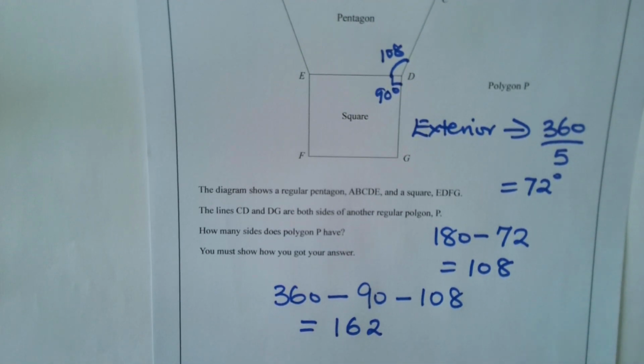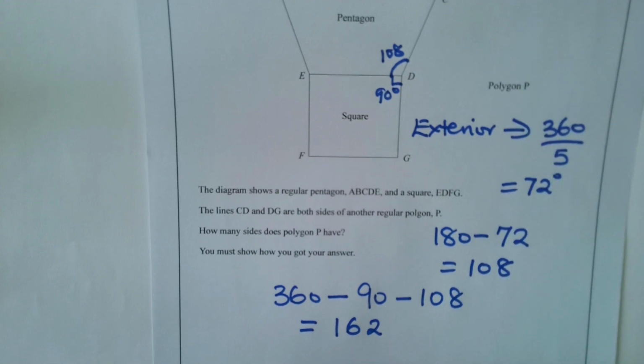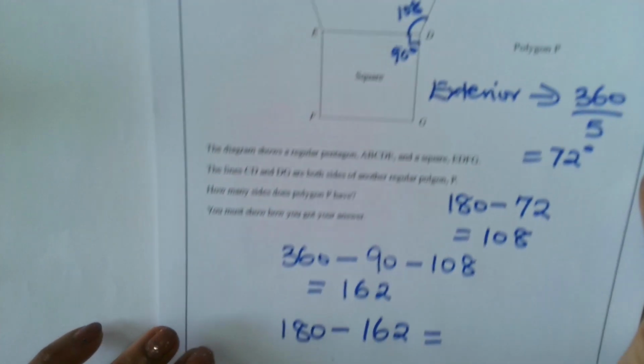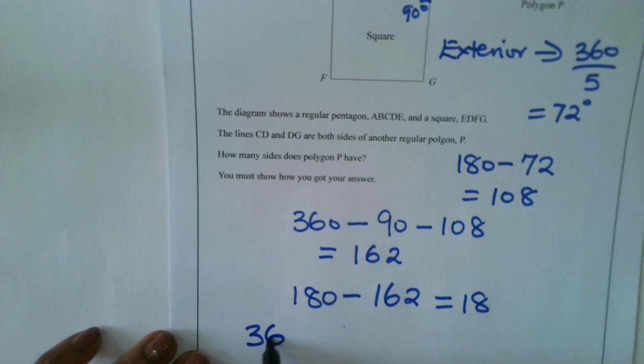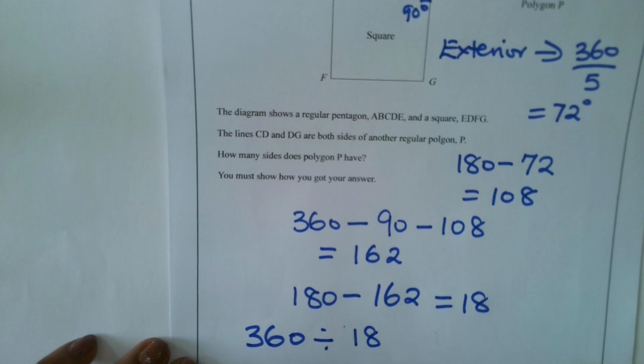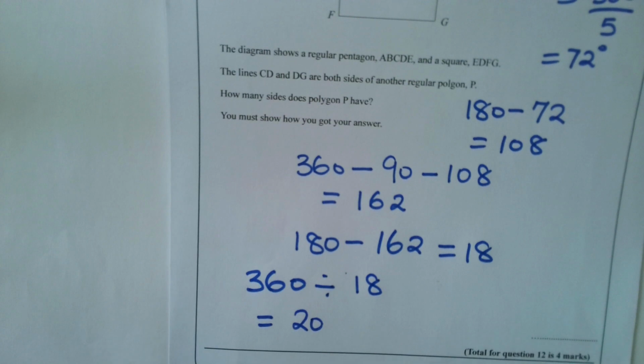So we're going to find the exterior angle of this polygon P. That would be 180, take away 162, that would give us 18. So 360 degrees divided by 18 will give us 20. So this polygon P has got 20 sides.